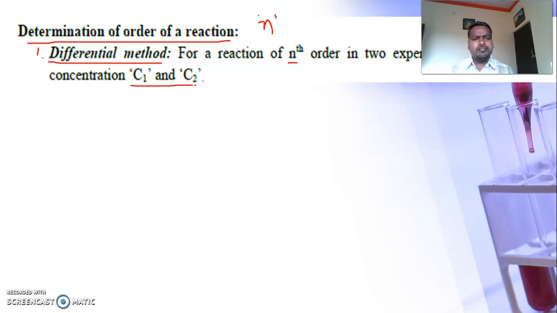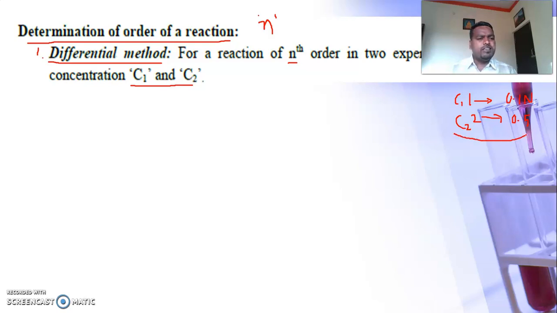If we know the initial concentration and measure the rate of reaction at two different initial concentrations, for example, the initial concentration of the first reaction is 0.1 normal and that of the second one is 0.5 normal, then C1 is the initial concentration of the first reaction, and C2 is the initial concentration of the second reaction.